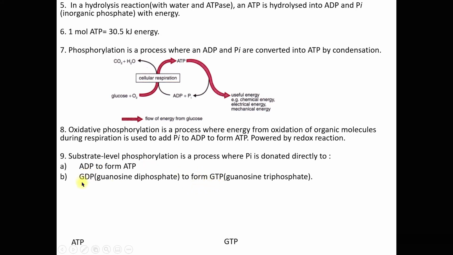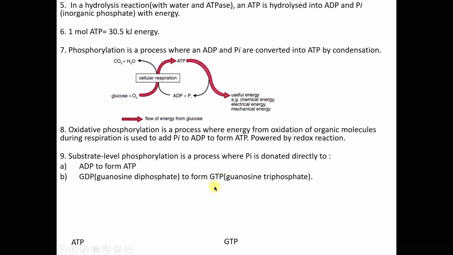GDP is guanosine diphosphate, while GTP is guanosine triphosphate. Tri because of the addition of one inorganic phosphate to the diphosphate. So the GDP became GTP.